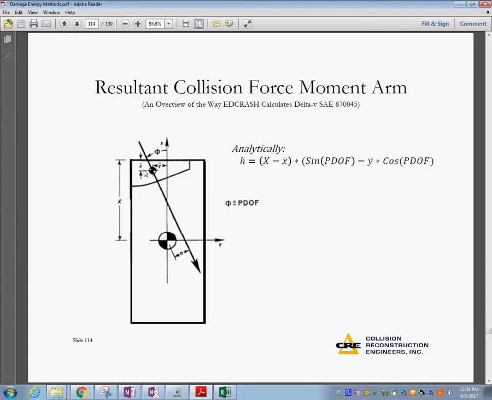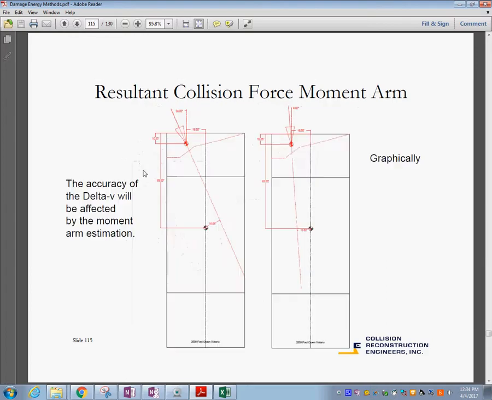Or if you calculate delta V, the PDOF is immediately calculated because the two vehicles have an interaction between them.